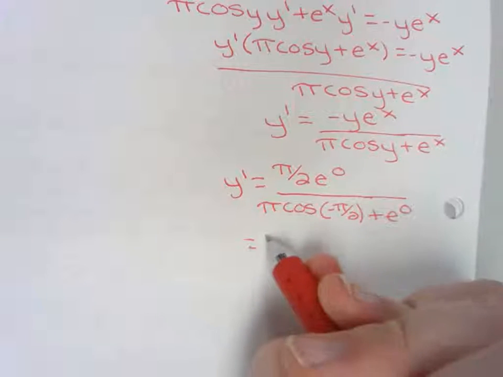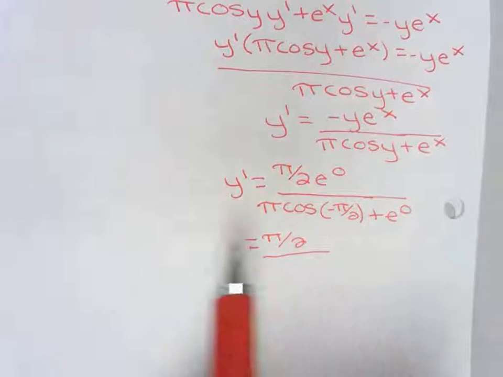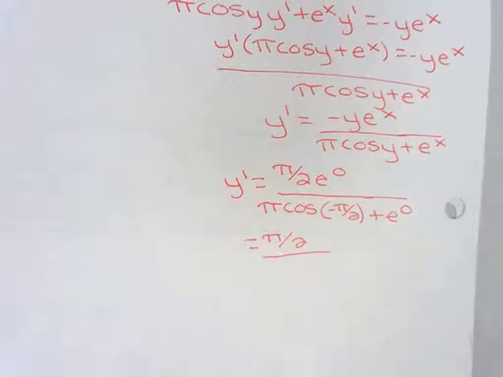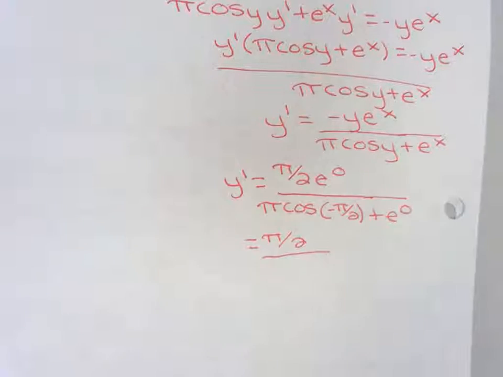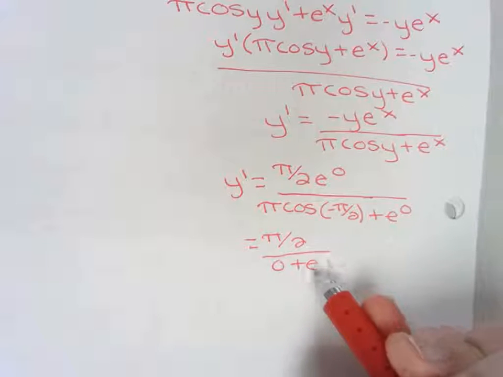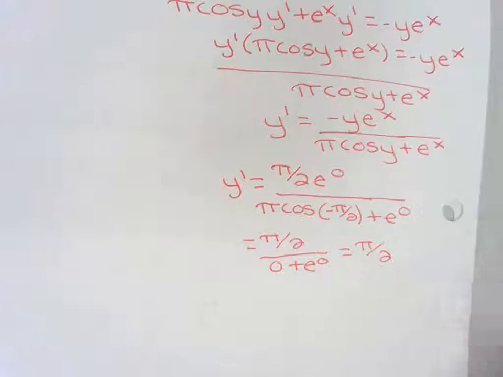So I'm going to have pi over 2 over, what's cosine negative pi over 2? It's 0. So it should just be 0 plus e to the 0, which is 1, so just pi over 2. Again, it's kind of weird to see slope with pi, but it's just a number. So it's my slope of my tangent line.